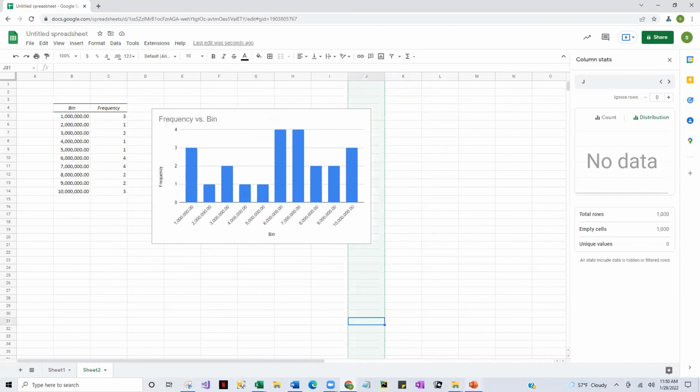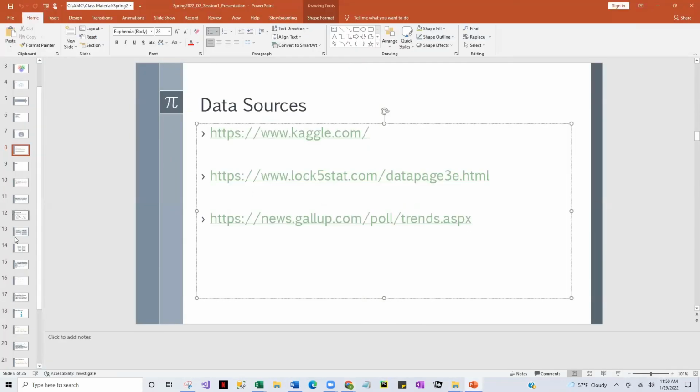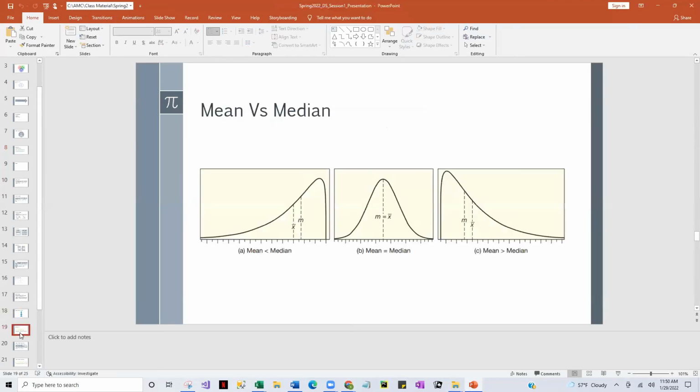Yeah. Okay. So we talked about the 5 number summary. We talked about the relationship between the mean and the median. When your mean is less than the median, most of your data is going to be on the right and it is left skewed.